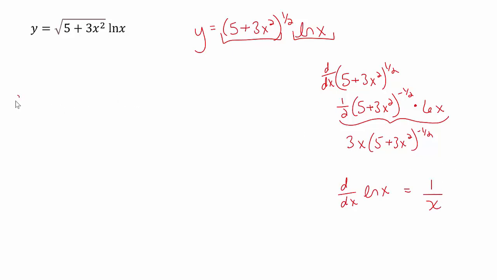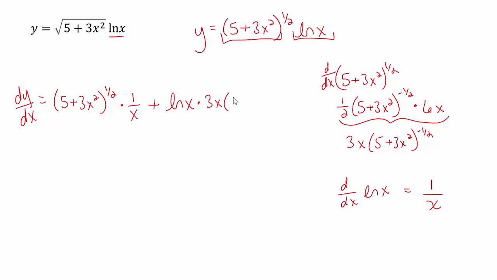So when you go to do product rule, you're going to say first, just like you see it, only I'm probably going to write it with parentheses, times the derivative of the second, which is natural log, which is going to be 1 over x, plus the second, just like you see it, times the derivative of the first, which is all of this stuff. It's kind of nice that we already found that. So this is my derivative.